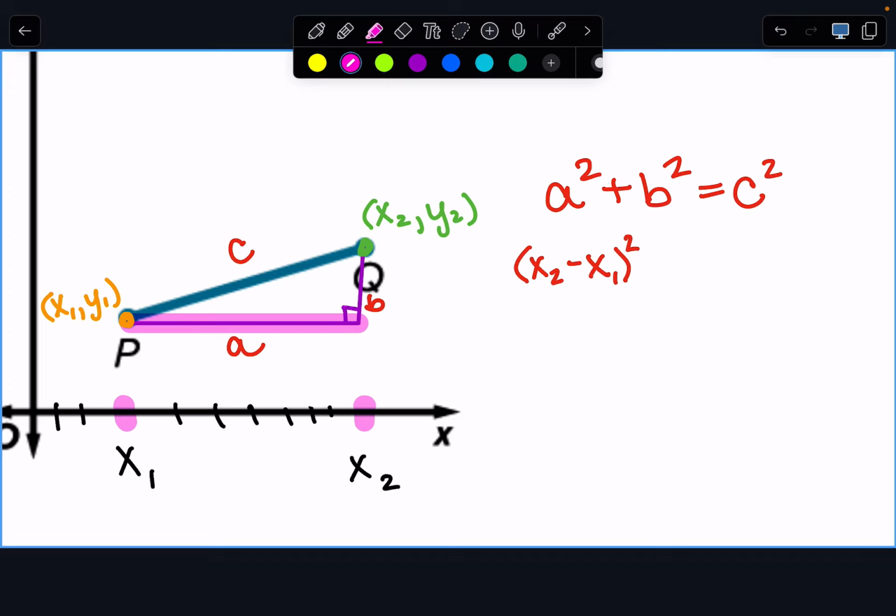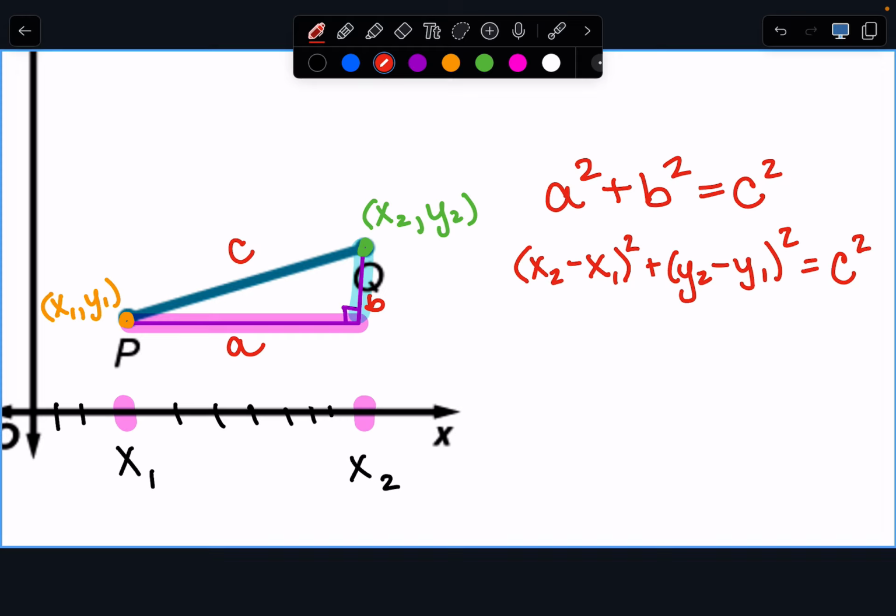Now, how would I find B's length? Okay, B would just be the difference of the y's. Okay, so instead of A, there is one right here, and there is one by the turn-in drawers.